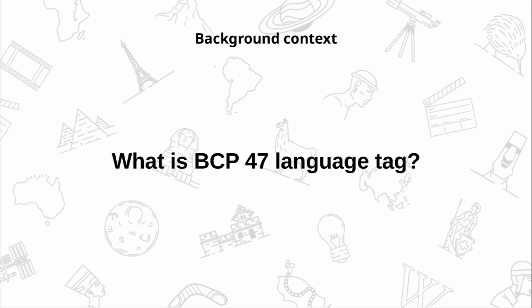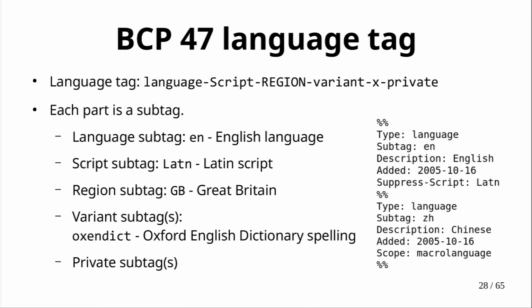We did mention the BCP47 language tag before, and what is a BCP47 language tag? A BCP47 language tag consists of language, script, region, variant, and if you want to use private subtags, there is the X extension.